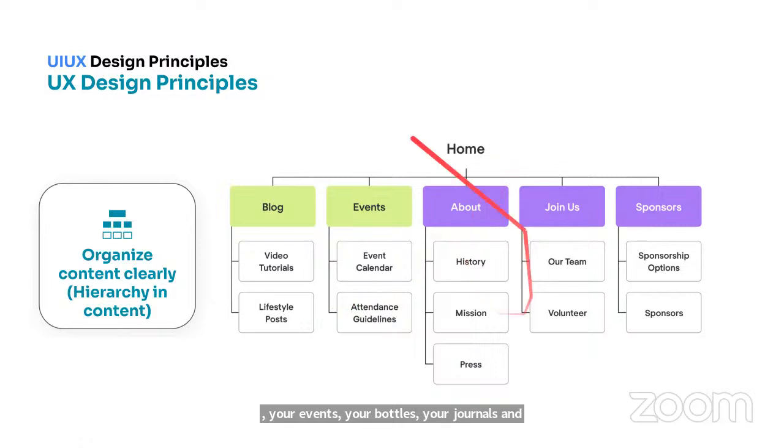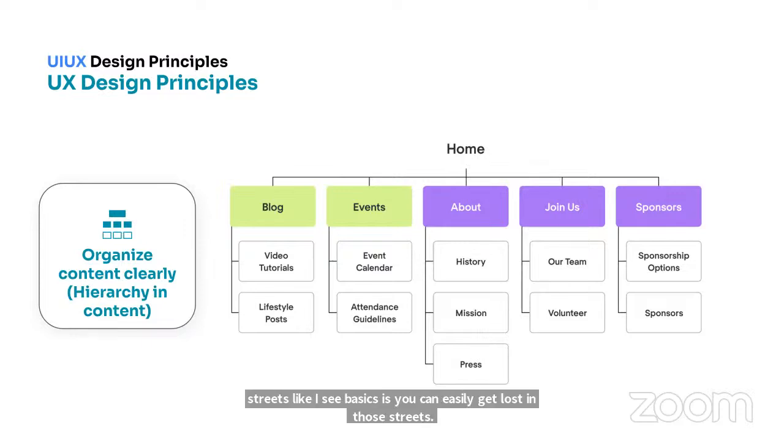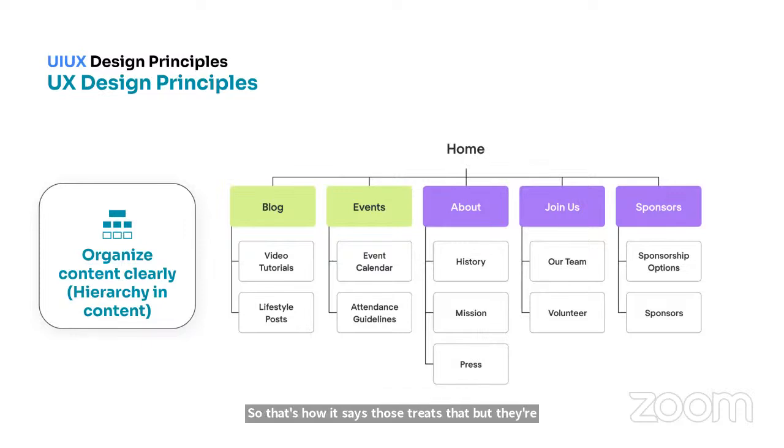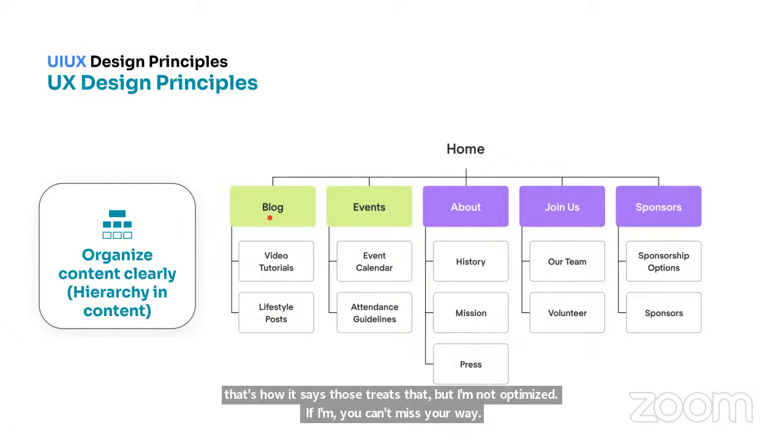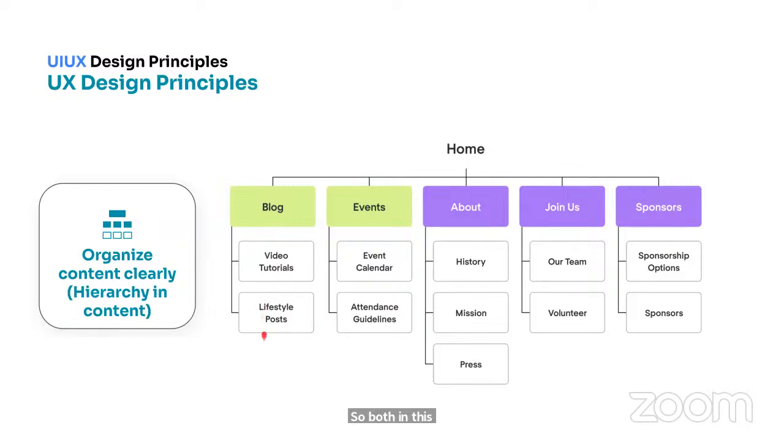This is a very good example of a sitemap. You're organizing things so that people will not miss their way. It's like some streets where you can easily get lost, because those streets are not organized. But in this place, you can't really miss your way. You can see blog, videos, lifestyle, events, this and that.